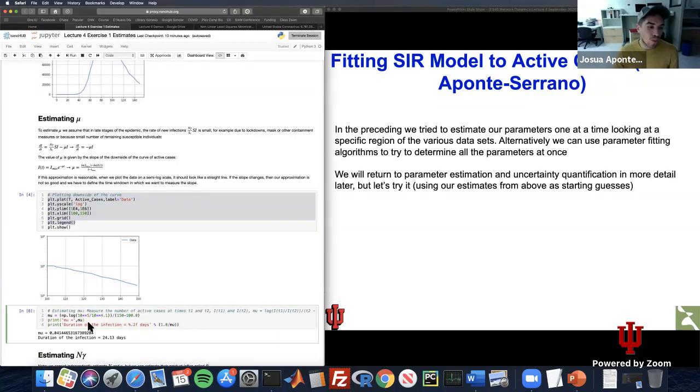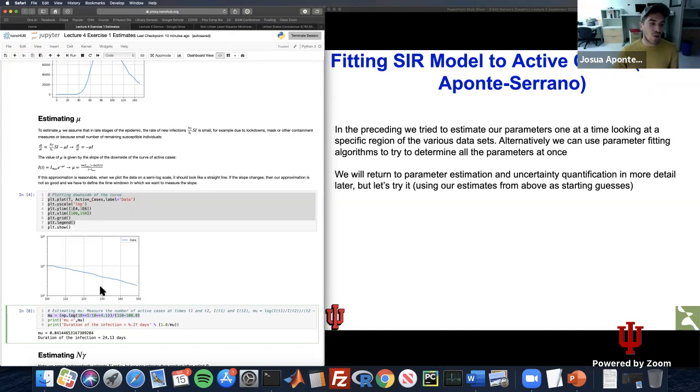So the way we calculate that here is that we count: at time 100, what is the value? The value is 10 to the 5. And then at time 150 it is 10 to the 4.1. You can see the ticks here, you can count them.